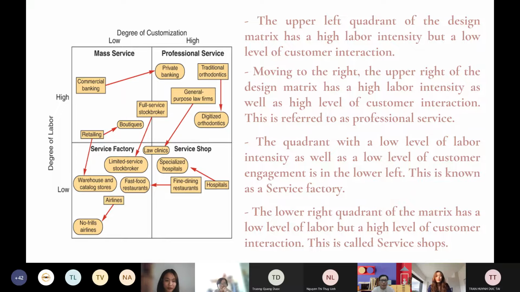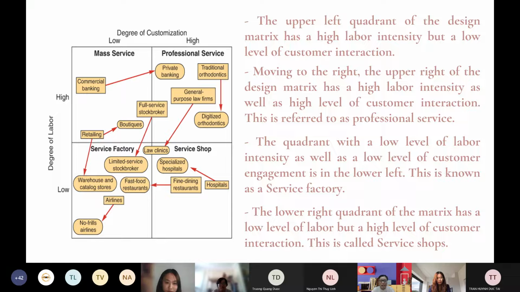The upper left quadrant of the design matrix is mass service. It has a high labor intensity but a low level of customer interaction. Personal interaction with each customer is limited here, but labor intensity is high.